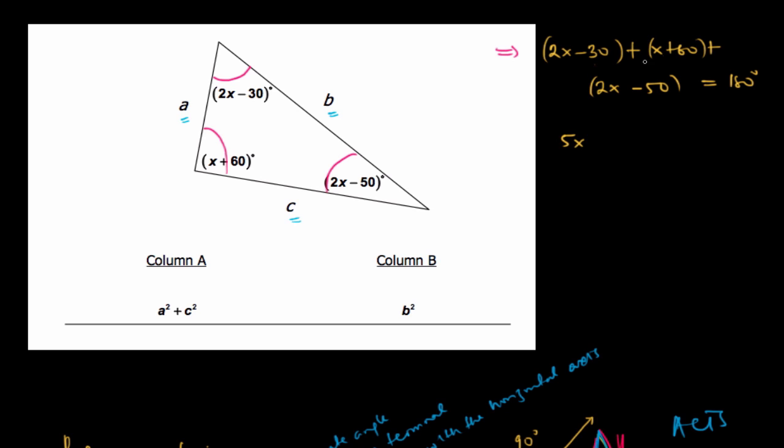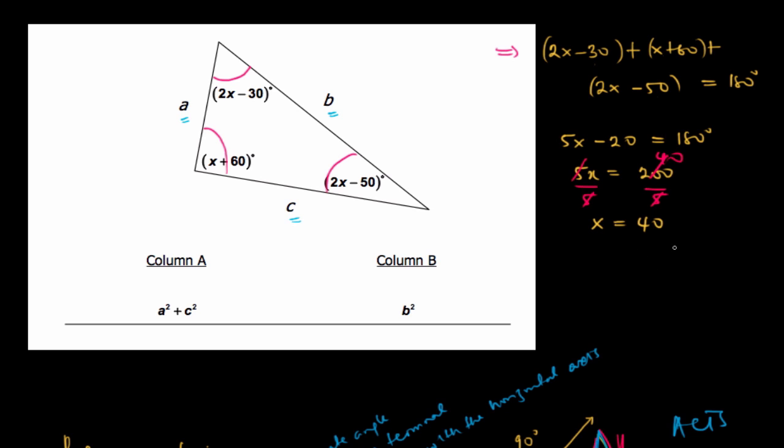Then negative 30 plus 60 negative 50 is going to give us negative 20, so equals 180 degrees. To solve for x, I'm going to add 20 to both sides. What you have is 5x equals 200, and then we divide both sides by 5, so this goes off. What you have here is 40, so x equals 40.